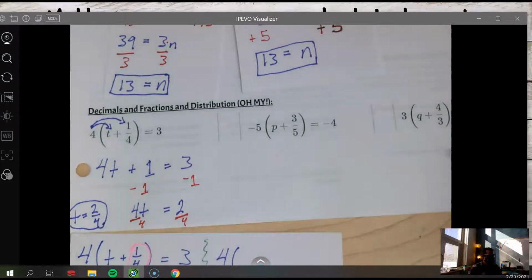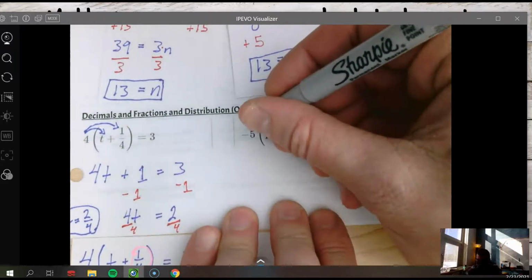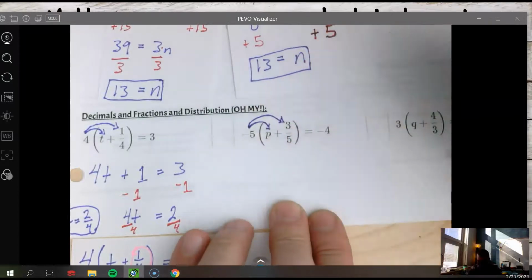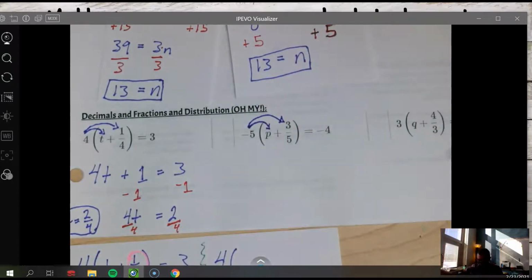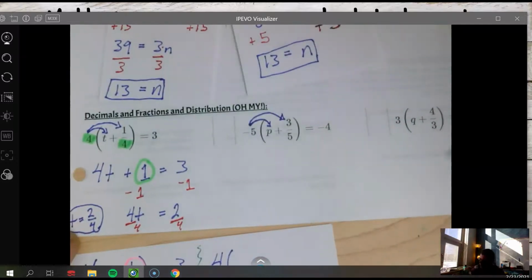I want you to do the exact same thing on the next two. Do the distribution, right? So draw the arrows. Do the math. Now the really, really nice thing is when the number that we're multiplying with matches the denominator, it becomes the numerator, right?